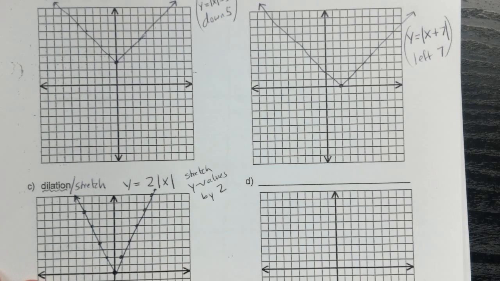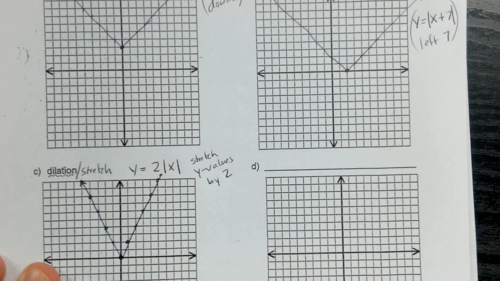Especially if you have the others in view, you can tell that that's a steeper graph. It is narrower. I'm going to avoid using that word because narrower suggests you've changed something in x. But what you've really changed is something in y, so you've stretched it out. The effect is making it narrower, but I don't want to say that. The cause is a stretch. The effect is it looks narrower.